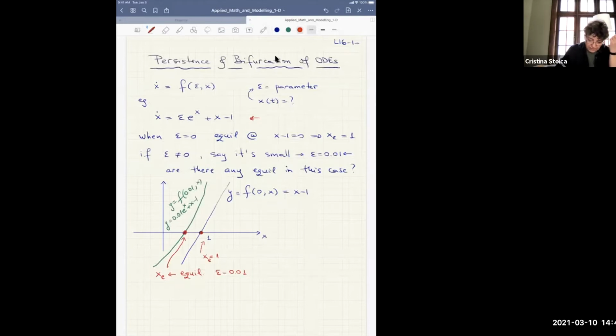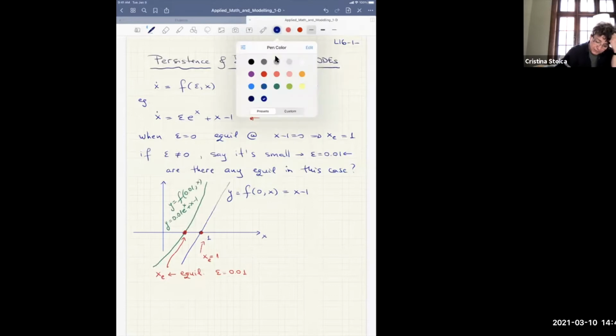We can actually think about it with our own little minds and say, hey, if this slope here is non-zero. Let me do it with a different color, purple. So here is the function.